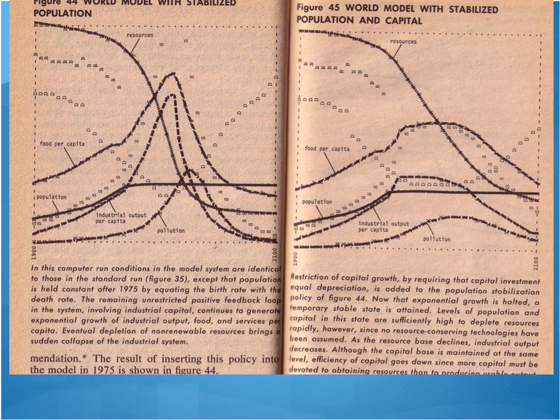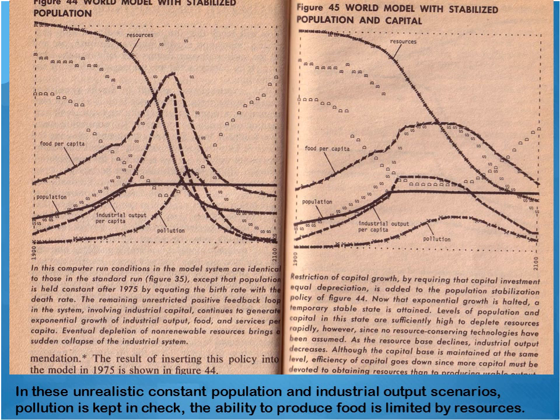And then the nice thing is that you can start looking at all these different scenarios, and these two I think are a little bit unrealistic because these are scenarios in which you have what's called a stabilized population. This is a situation where, by some magical rule, you're able to say, okay, we will grow world population to this level and stop.